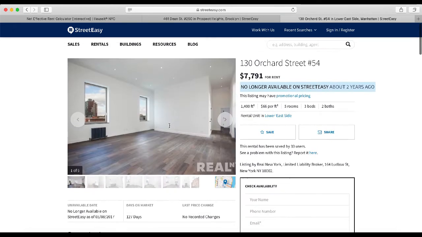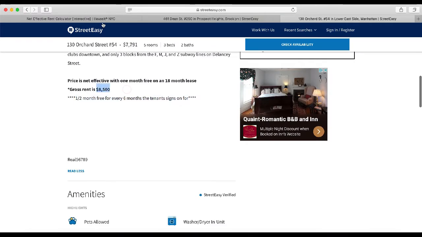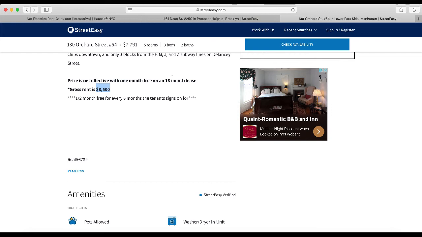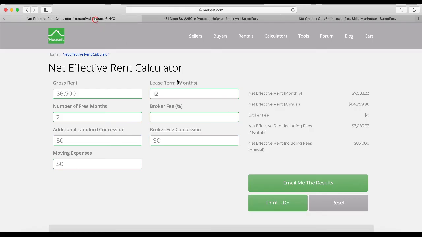So let's put the gross rent in the calculator, $8,500. We could do an 18-month lease, or we could do a 24-month lease. If we do an 18-month lease, we're going to put 1 month free. And if we do a 24-month lease, we're going to put 1.5 months free because they're giving an extra half month for every 6 months.